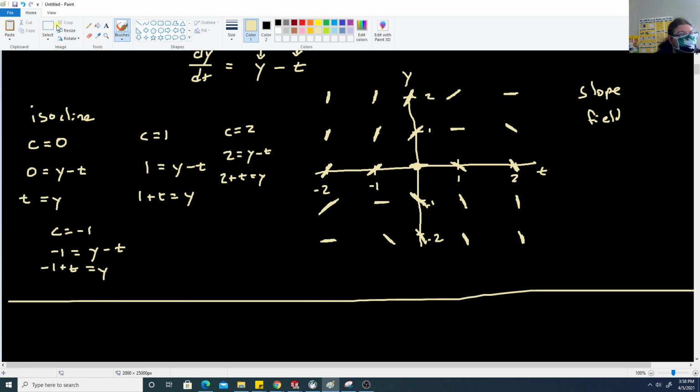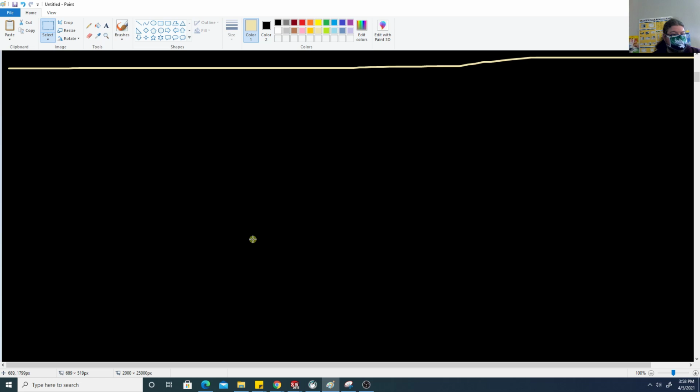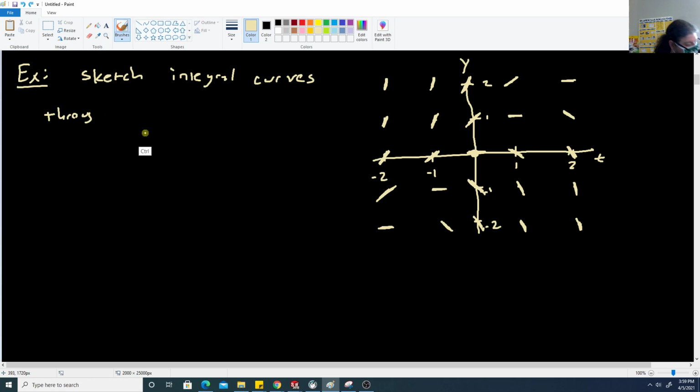They want us to do one other thing with this slope field. So we say, okay, here is our slope field that we generated. They want us to sketch the integral curves, or I guess we say not through, but with initial conditions.